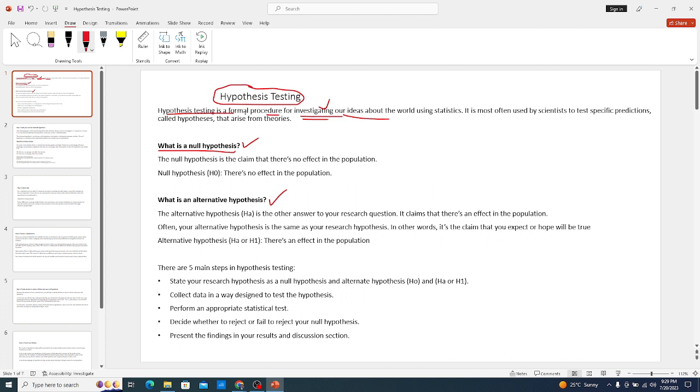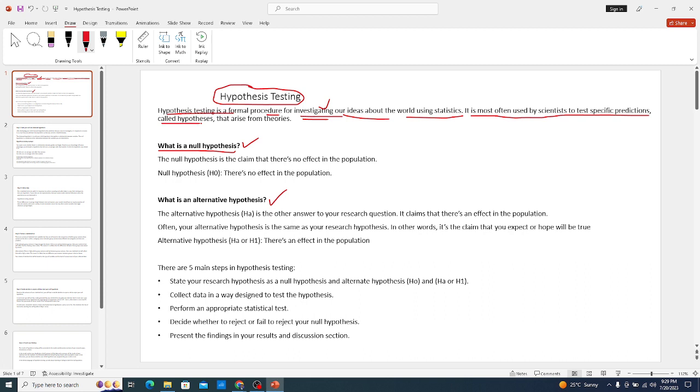So hypothesis testing is a formal procedure for investigating our idea about the world using statistics. It is most often used by scientists to test specific predictions called hypotheses.